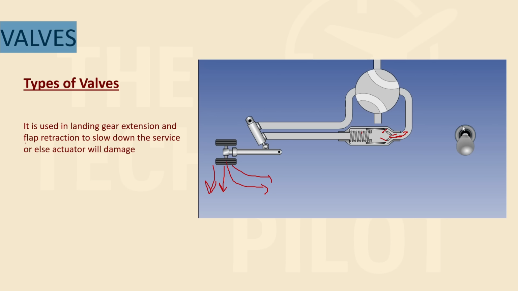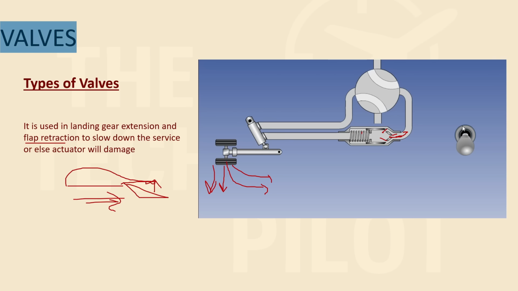It is also used in flap retraction. When the flaps are extended, they feel a lot of aerodynamic forces. Obviously, the air is flying at very high speed, and there is a lot of air moving over the flap surface. So the restrictor valve is there. When the flaps are being retracted, there's a lot of air pushing against them, so when you're retracting the flaps, it does not happen very quickly.